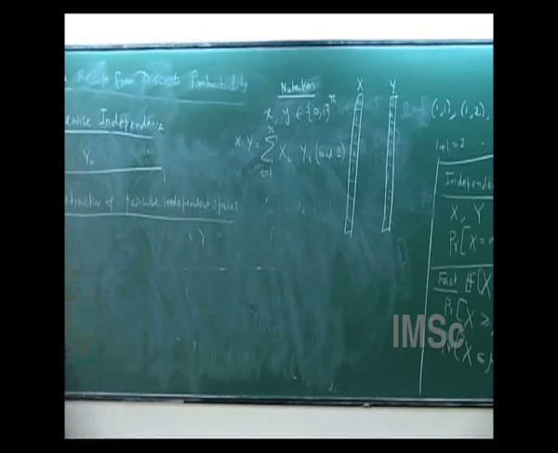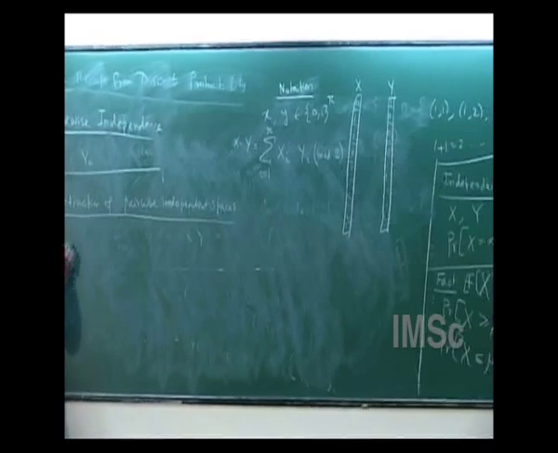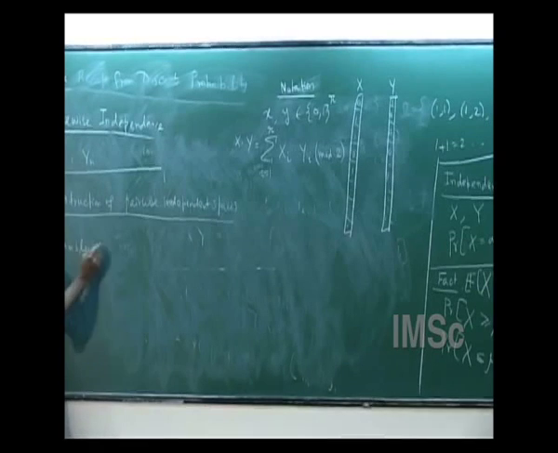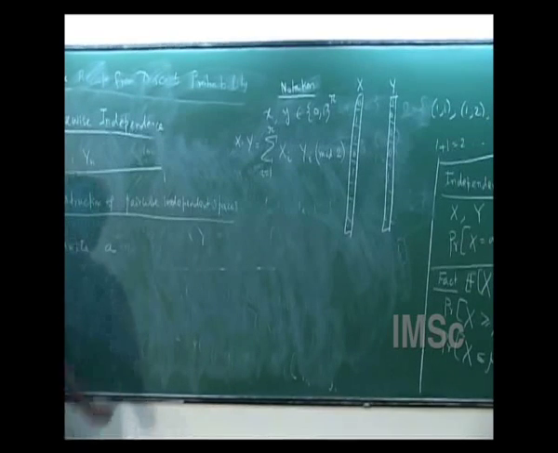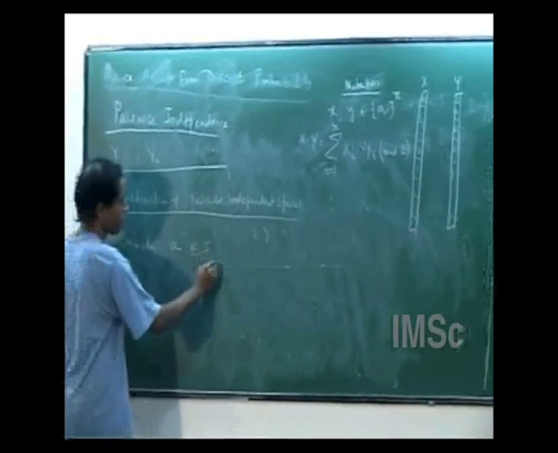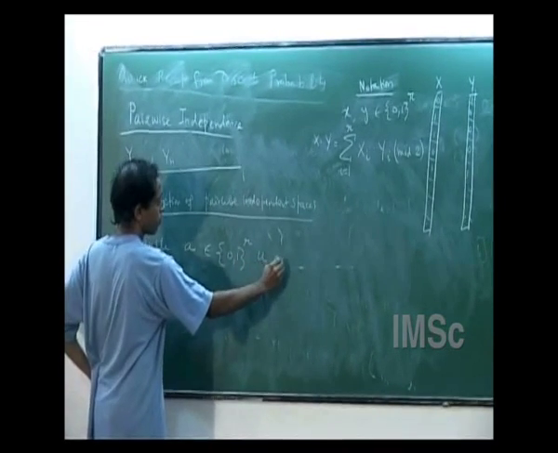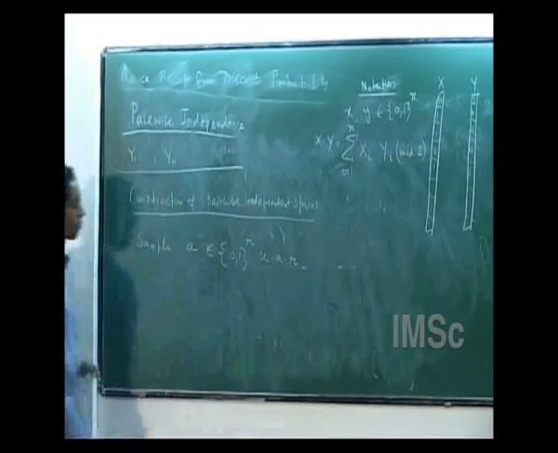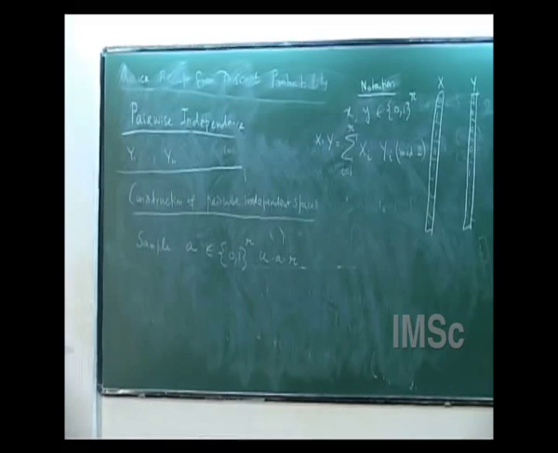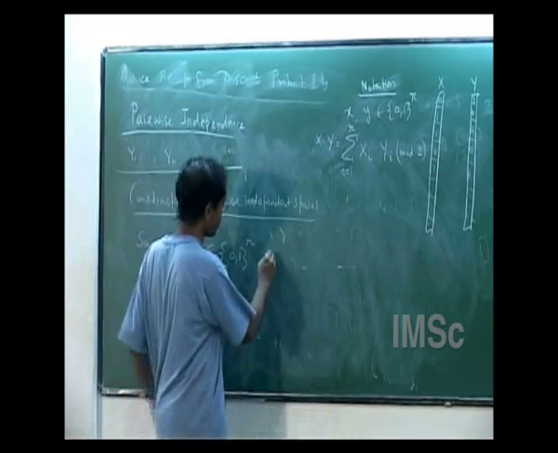Now let us begin the construction of that space. Sample a vector A uniformly at random.